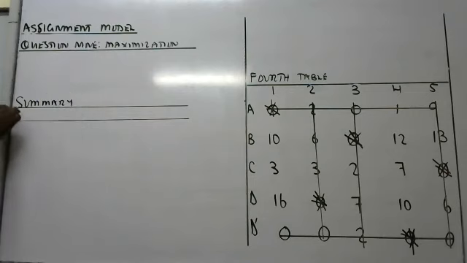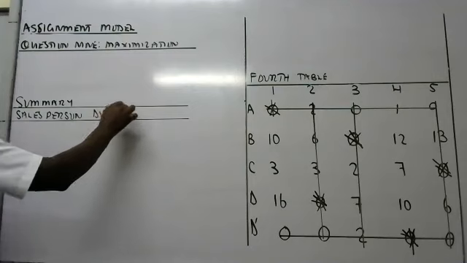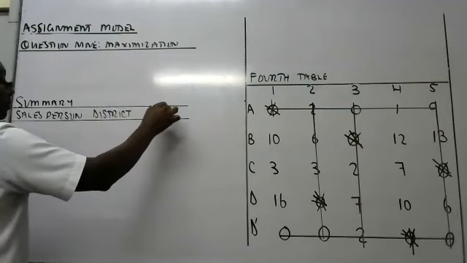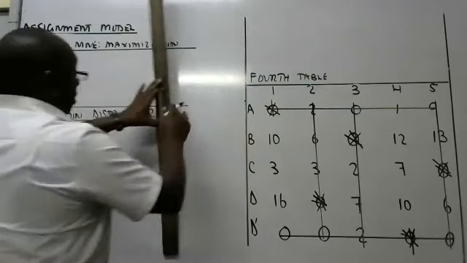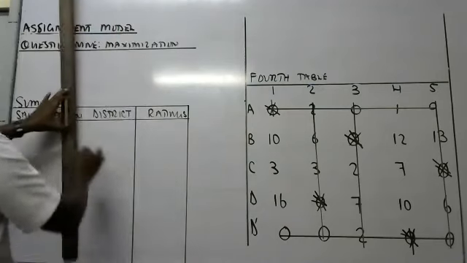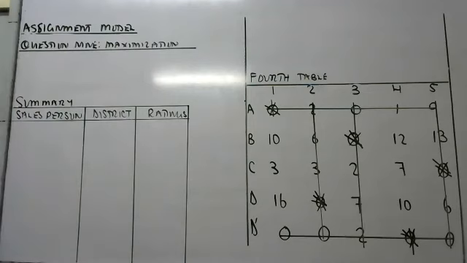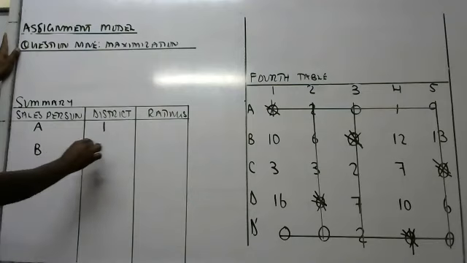So the summary, we have salesperson here. Salesperson. Then we have the districts. And we have the ratings. So salesperson A is going to be sent to district 1. B we will tell to go to number 3.